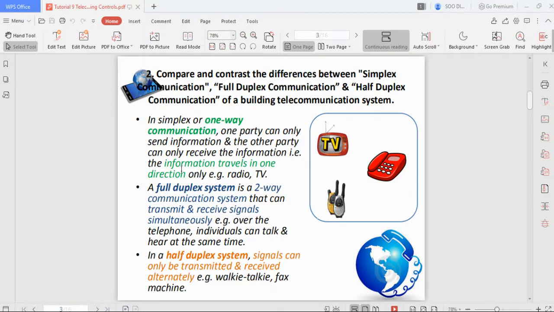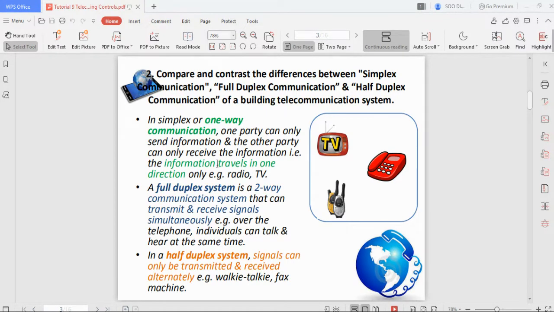A full duplex system is something like a phone, where you are able to talk, transmit the signal, the voice, and also listen at the same time without needing to switch between channels. So this full duplex system is both ways. In a half duplex system, you need to switch between receiving and transmitting.